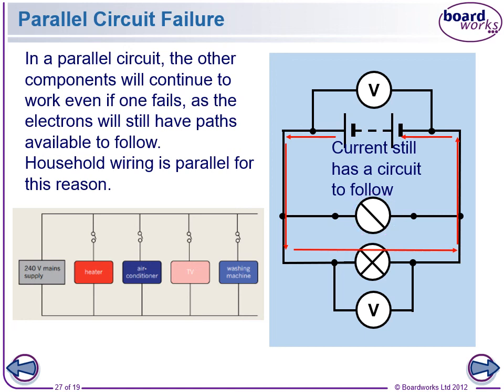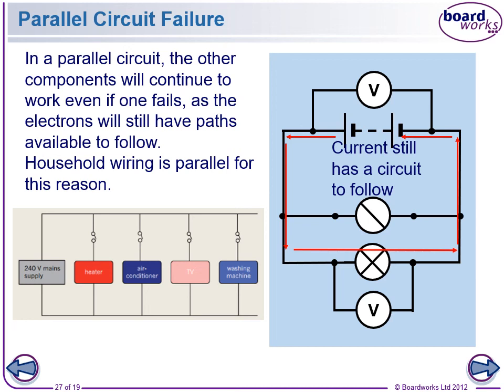So if we have two light globes in parallel and one of them burns out, the other one will keep going because current can keep flowing like that. This is why it's really good that Christmas lights are now wired this way, because if one of them burns out, every other light in the circuit will still work, and it's pretty easy to identify which one has burned out. Now, interestingly, this is how household wiring is done.